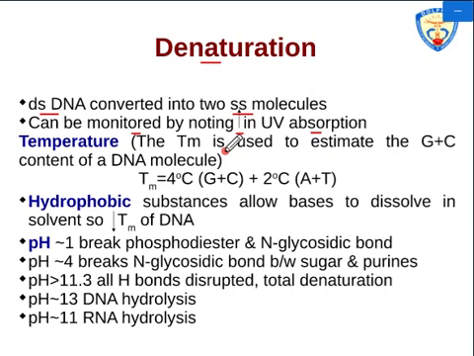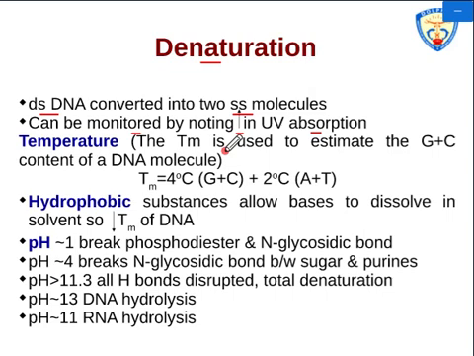If a standard double-stranded DNA sample is set to 1 unit at 260 nanometers, what we find is that when the DNA denatures, there is an increase of approximately 37% in the absorption.